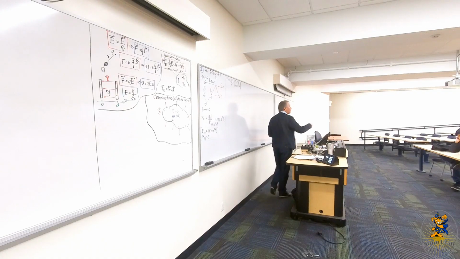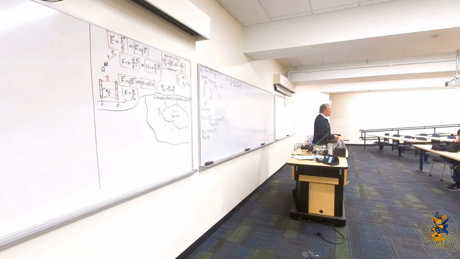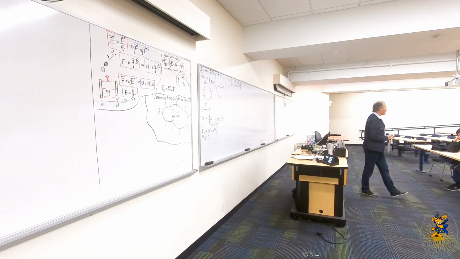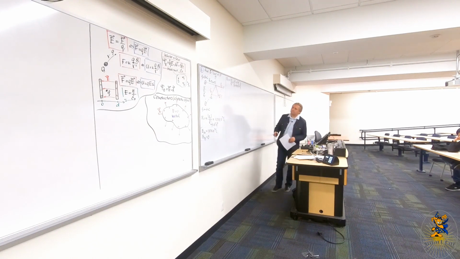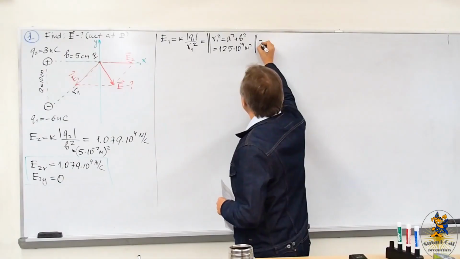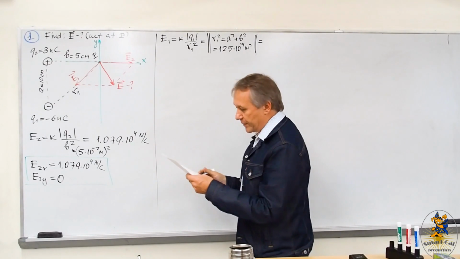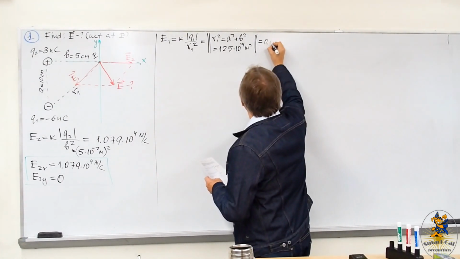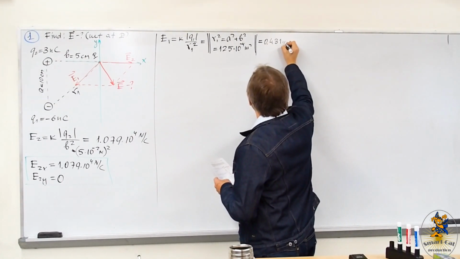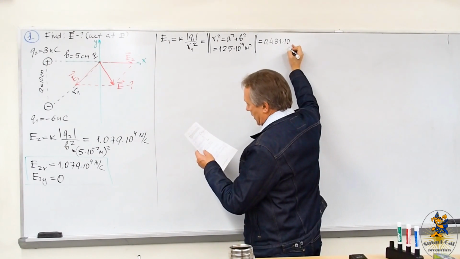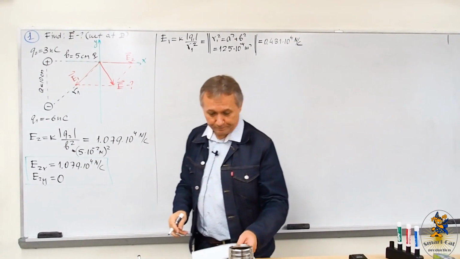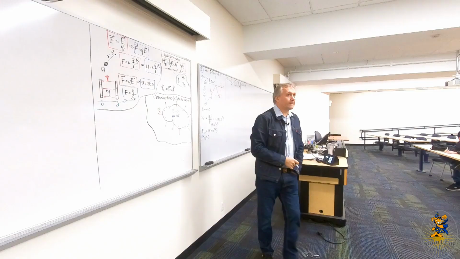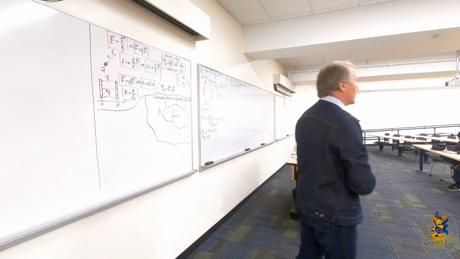I immediately convert into meters after squaring. We need r squared at the end anyway. Okay, so now, again, I will skip plugging numbers. It will be 0.431 times 10 to the power of 4 newtons per coulomb. Right. Very, very similar steps.